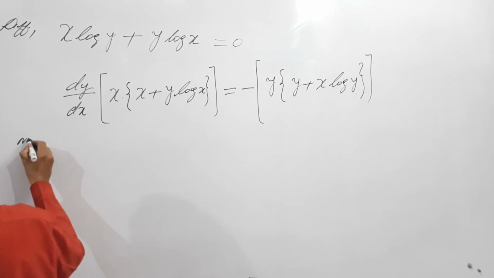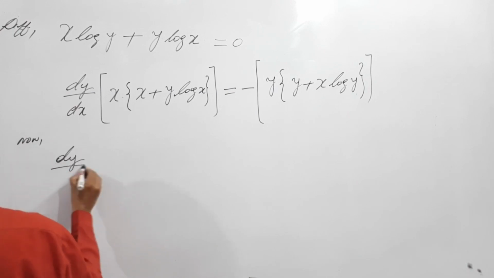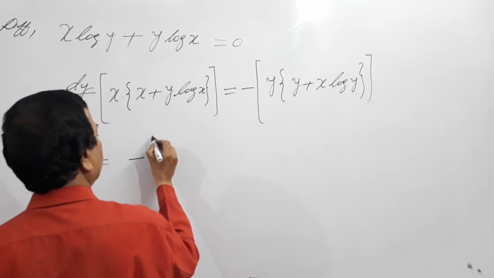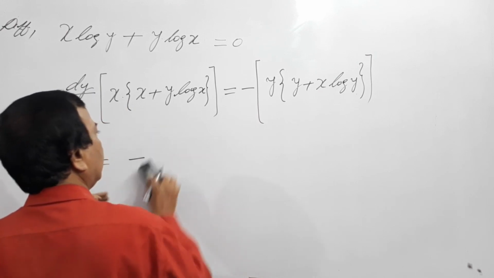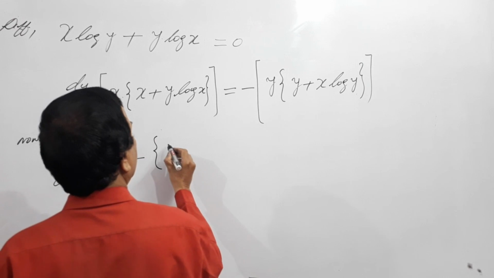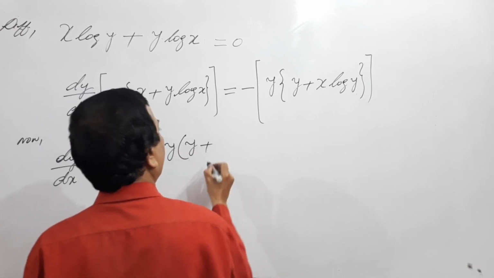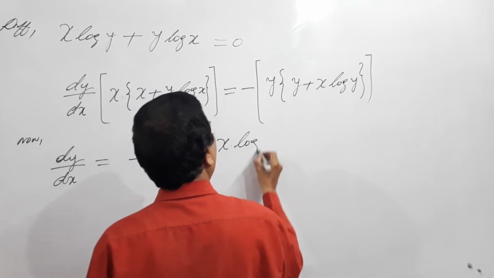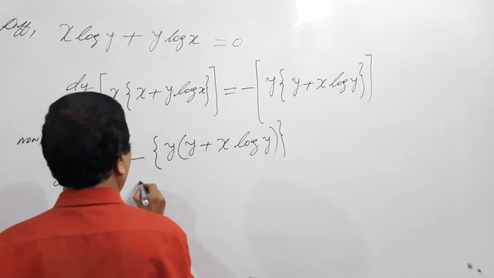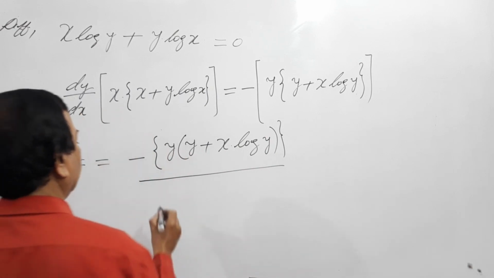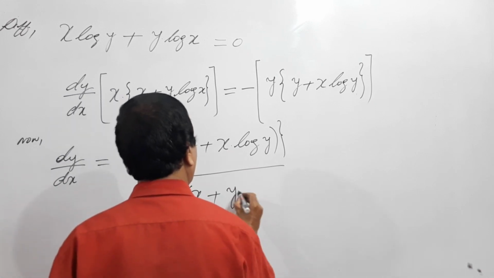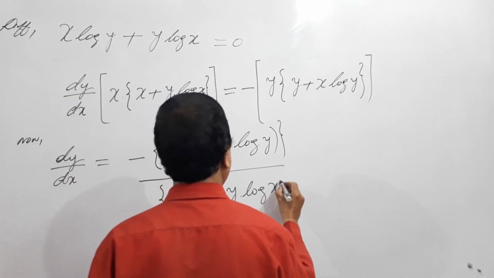So therefore now dy by dx equals what? This divided by this, that is minus, I'll use a bracket, y into (y plus x log y) divided by x into (x plus y log x).